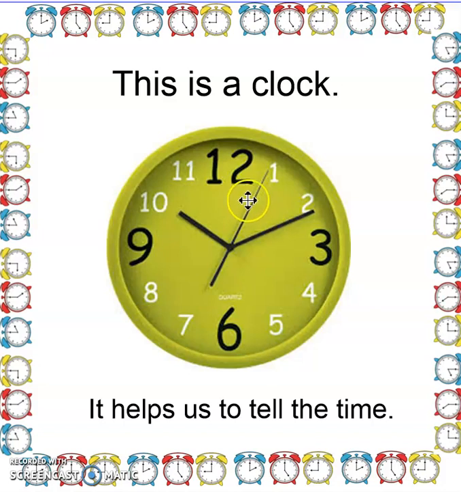What about the slim hand? That's the second hand. The clock has numbers. It has 12. 1, 2, 3, 4, 5, 6, 7, 8, 9, 10, 11, and it keeps moving again and again.